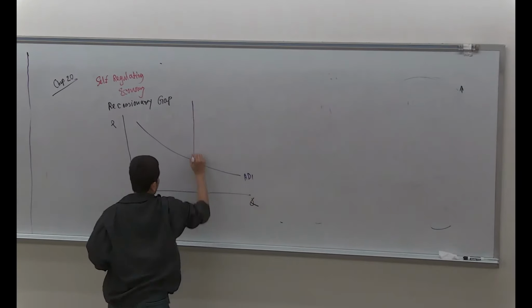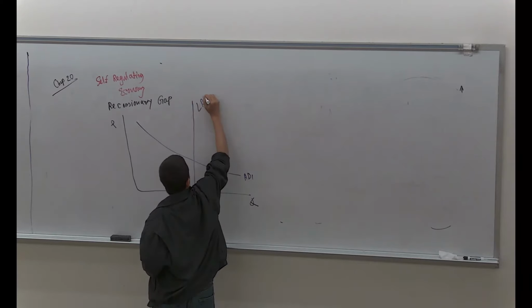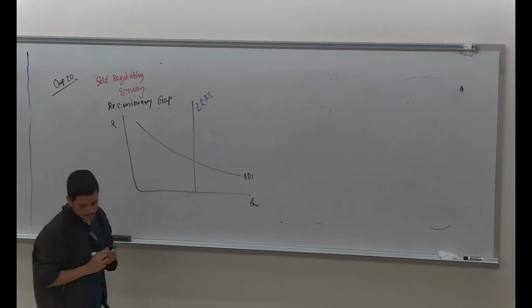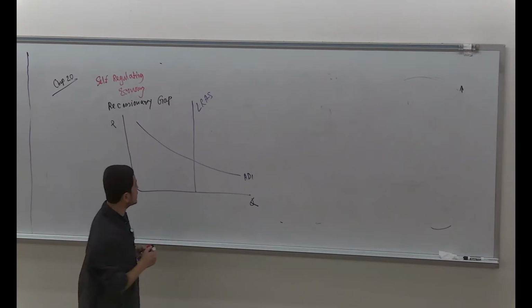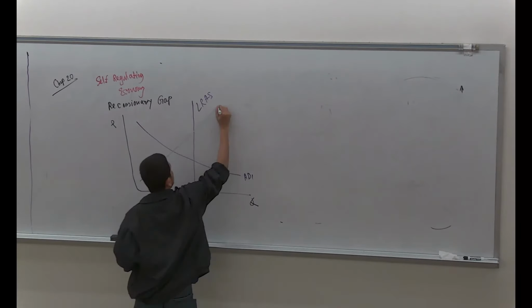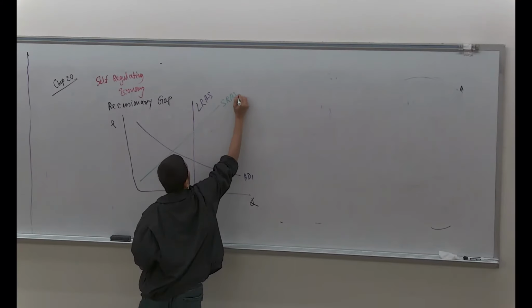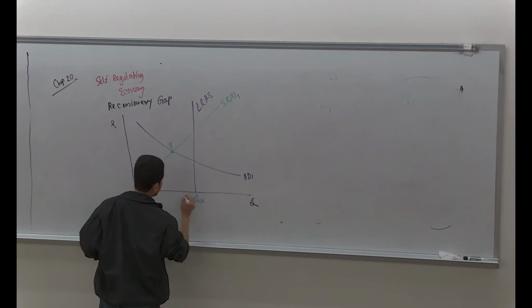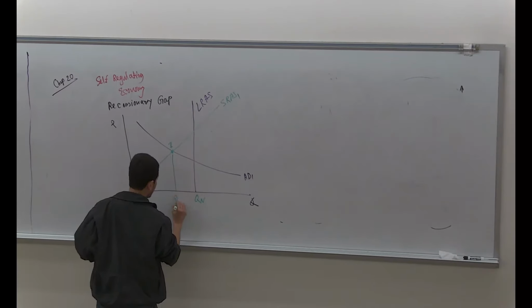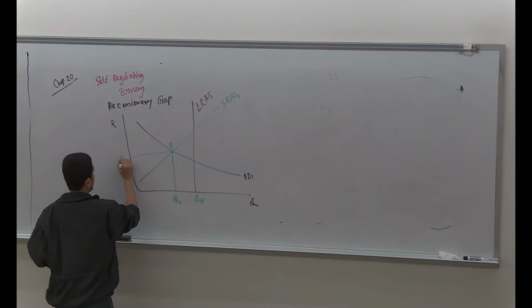This is our long run aggregate supply, which we already explained. And then we have the short run aggregate supply 1, and we have equilibrium 1. Qn is natural, this is Q1, and this is P1.